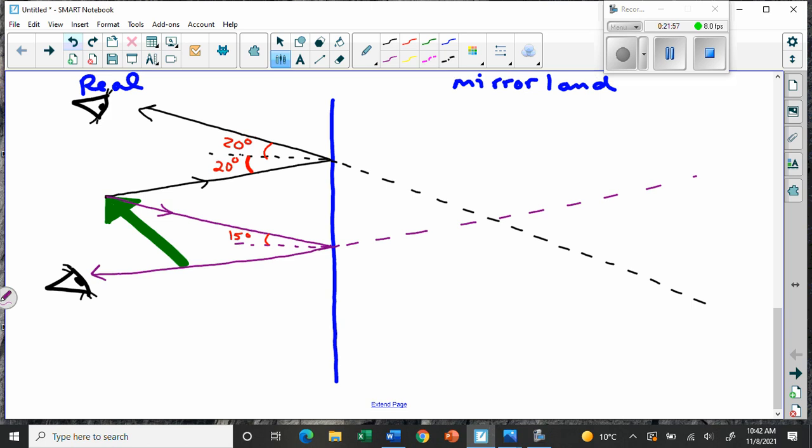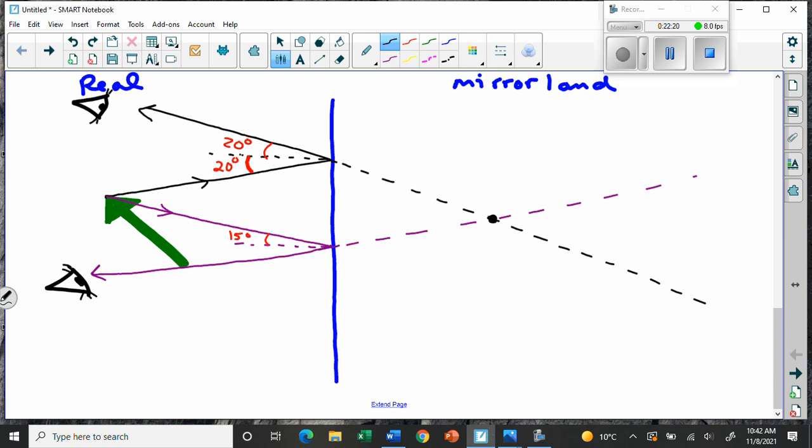Notice something though. Notice that the two lines cross right here. Now what's cool is, I don't want you to draw any more lines on your picture because it's going to confuse everything. But I could draw 100 lines of light that bounced off the tip of this arrow in different ways.